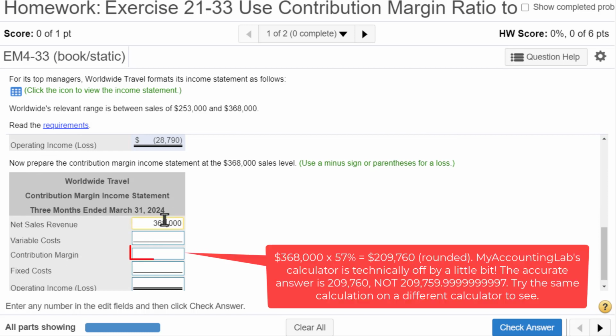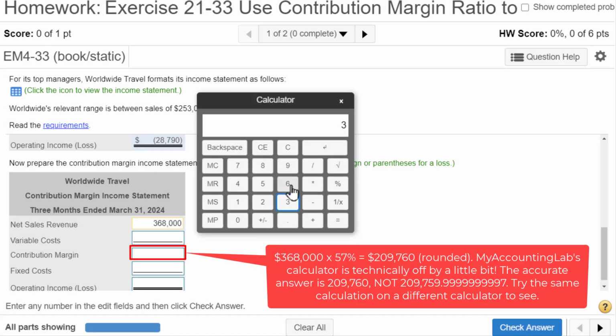So 57% of 368, 368,000 times 0.57. Now remember, that gives us our contribution margin. So that should be 209,760.